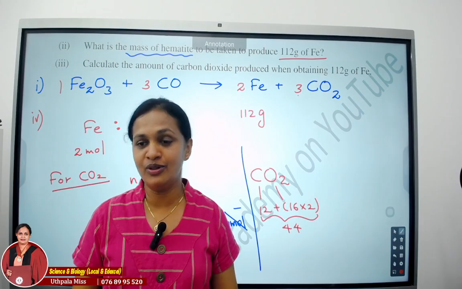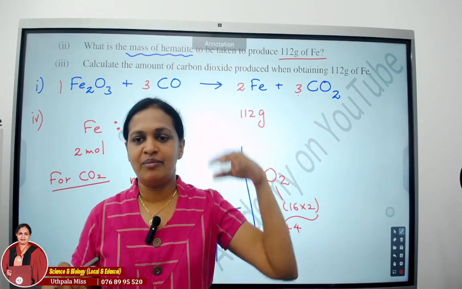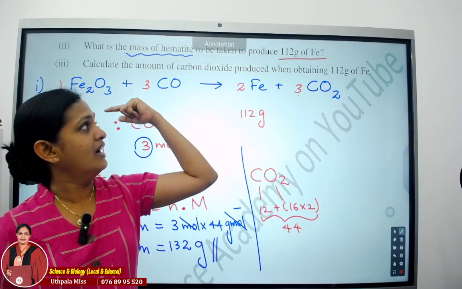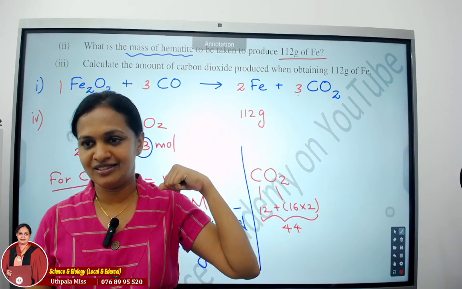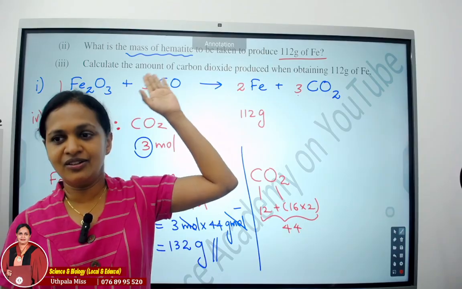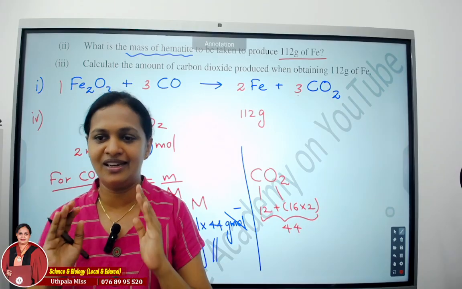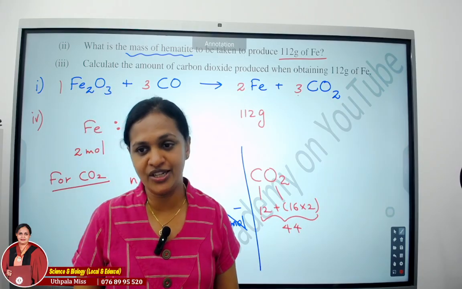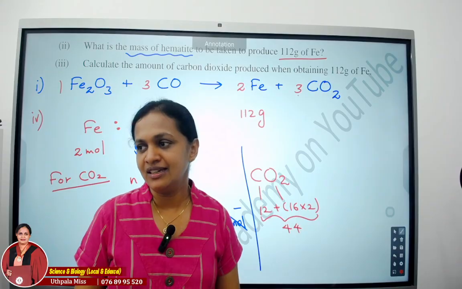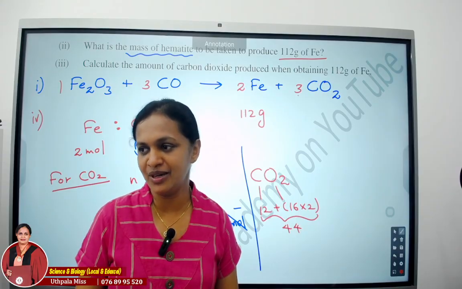We can get a ratio: when one of this reacts, how much of that is formed, or how much needs to react. Likewise, we can get an idea about the molar ratio by balancing the equation.